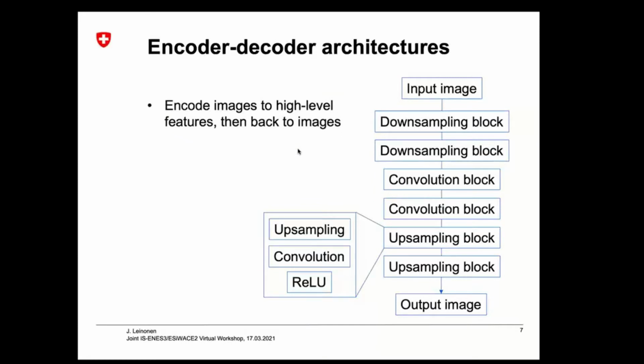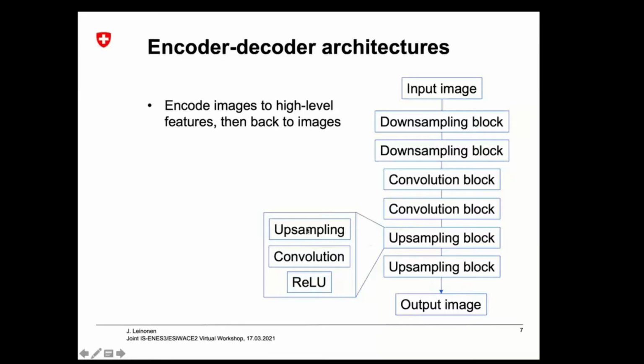We can use these to build these kinds of encoder-decoder networks. So here we take an image and then we run it through a couple of downsampling blocks, then typically some convolutions, and then we do an upsampling step back to the original size of the image usually.